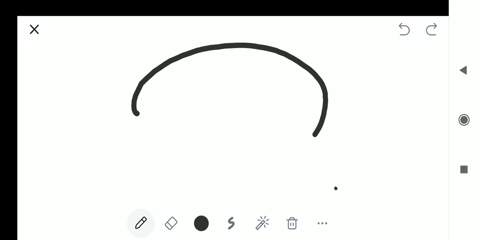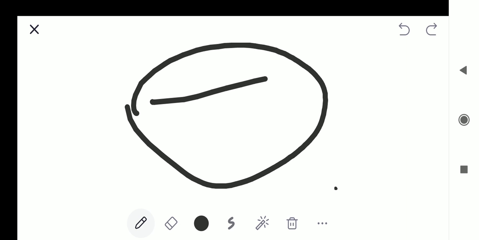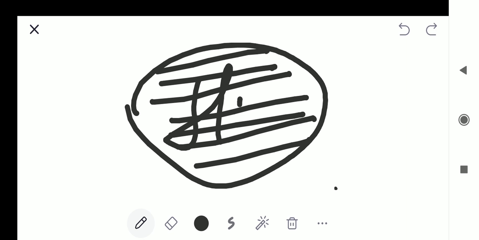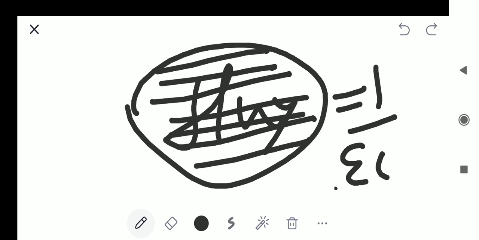Let us consider a closed surface. In a closed surface, the net electric flux is equal to 1 by epsilon naught times the given charge.